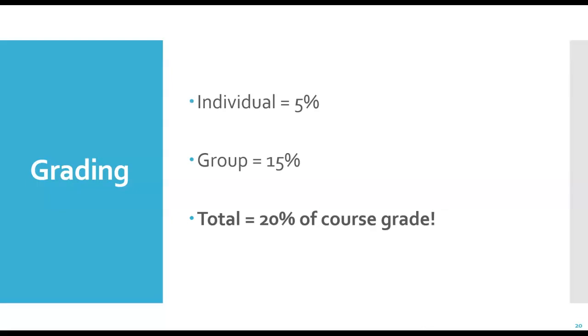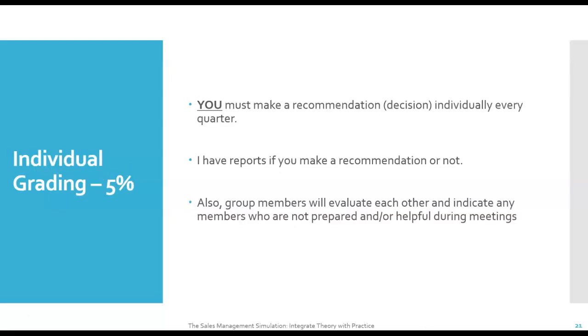So make all the decisions for the 8 quarters and submit them. Or it's not decisions, I'm sorry, I should back up and say it's suggestions. Did you do that individually? Do it 8 out of 8 times, that's 100%. Your group grade is a little bit more.